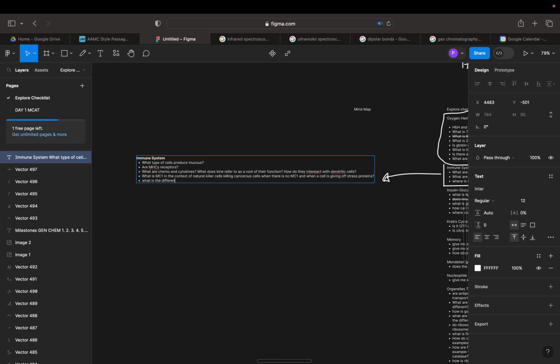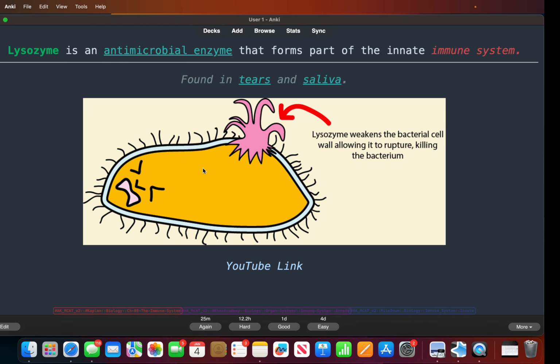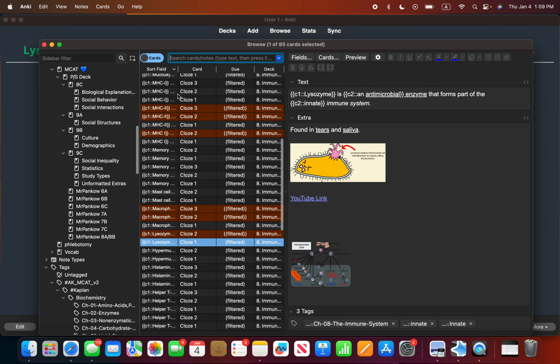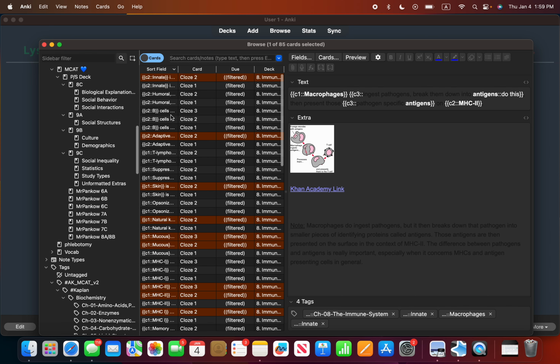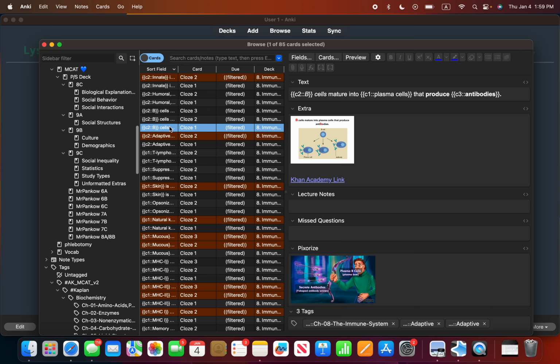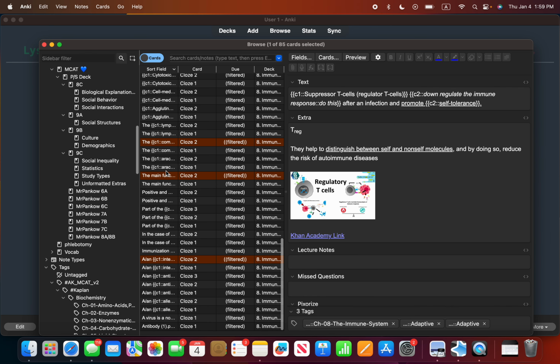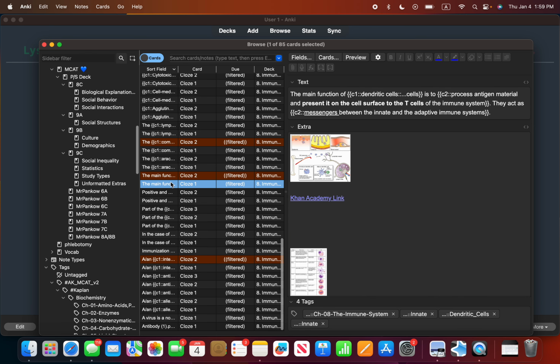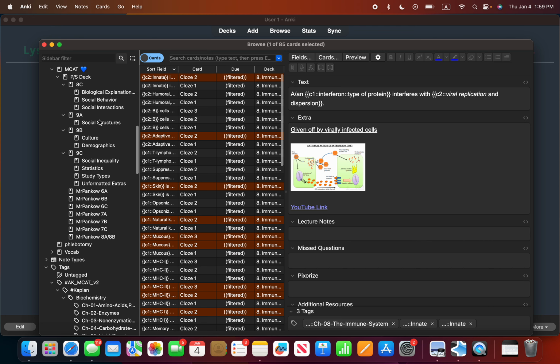What is the difference between lysozyme and defensins? We will figure that out later.